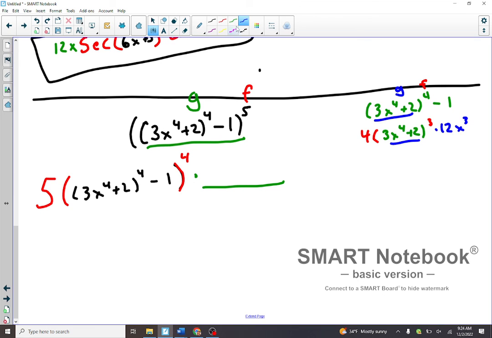So that whole thing is the derivative of the G, the original G. I'll just write it like this first. So 4, 3x to the fourth plus 2 to the third power times 12x to the third power.